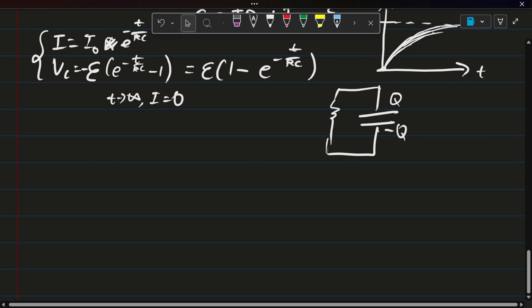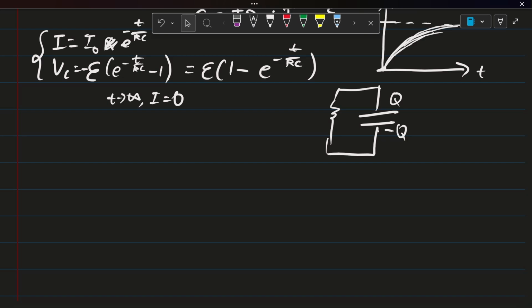So maybe we should try to think about this now. What if I already have this guy's Vc be the EMF, let's say, at time equals 0? So we now change the question, and we will try to figure out the shape of the potential after time equals something.